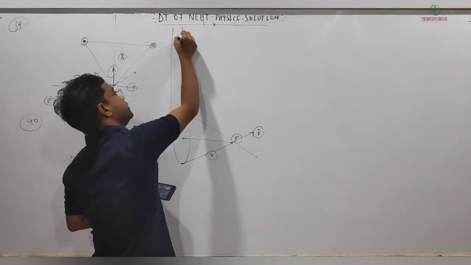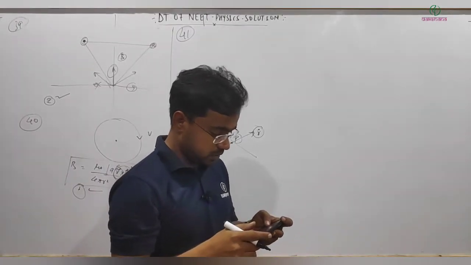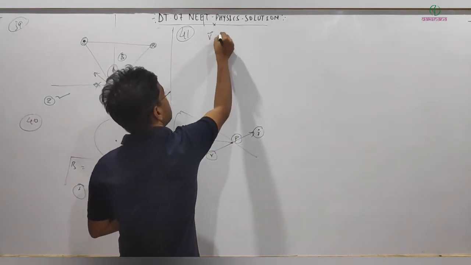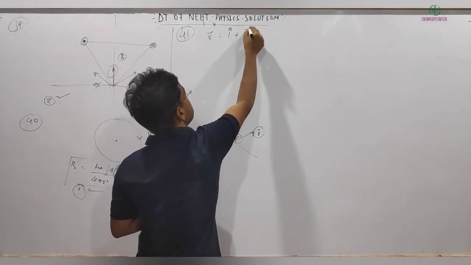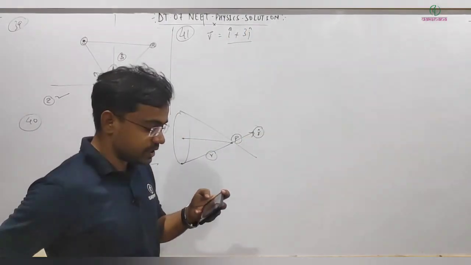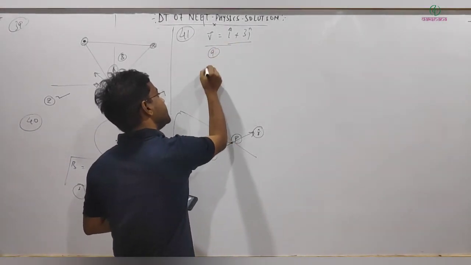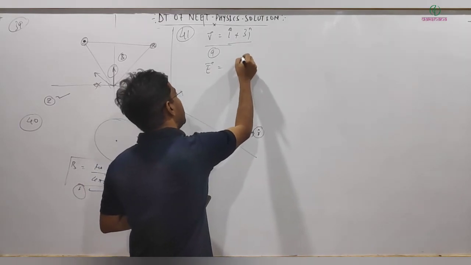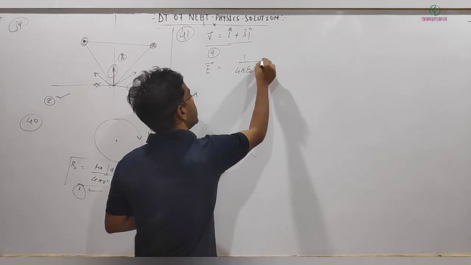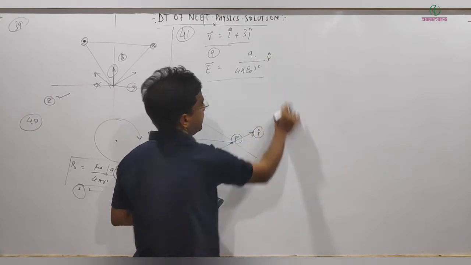Question number 41. A particle is moving with velocity V given as I cap plus 3 j cap, and it produces an electric field at a point given by E. Let's say the charge of the particle is Q, then E can be written as 1 by 4 pi epsilon naught R square into Q, along R cap.